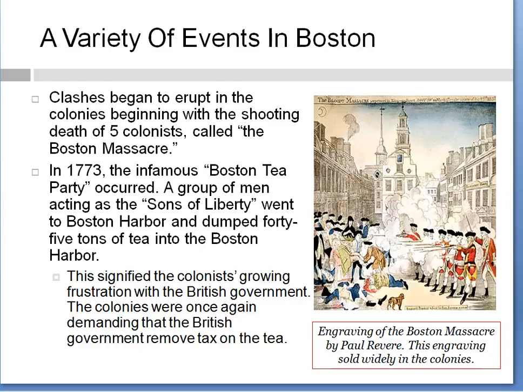This signified the colonists' growing frustration with the British government. The colonies were once again demanding that the British government remove tax on tea. So here's an engraving of the Boston Massacre by Paul Revere, and it was sold widely throughout the colonies.